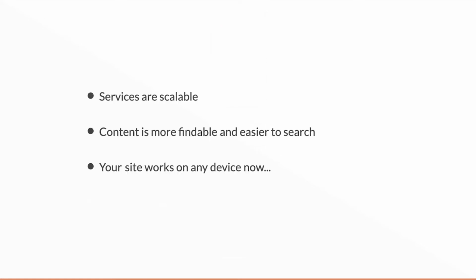Some other reasons: services are scalable, content's more findable, easy to search, and your site works on any device now. So it's just a given that we can show it in different ways on different devices. It's the same thing, but it's not tied into one block that struggles on certain sizes or certain devices or certain browsers.